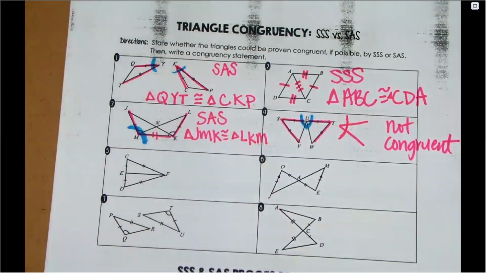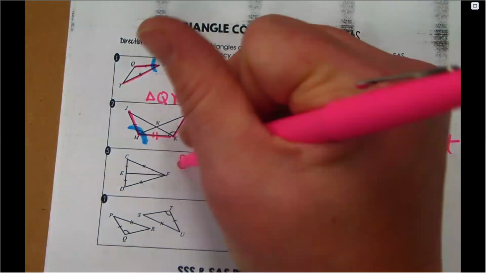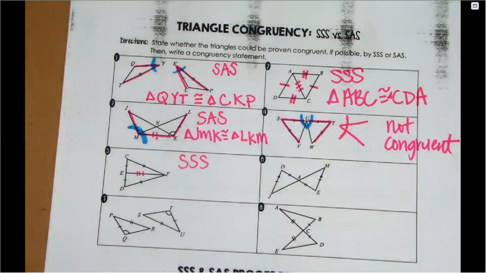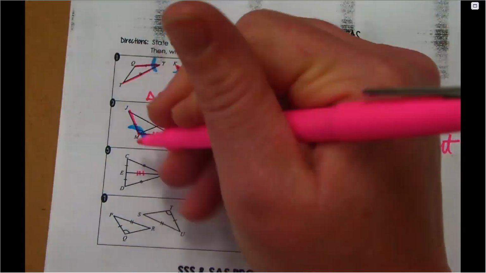What about number 5? SSS, because this one is the reflexive property. If you've got all 3 hashed out, then you're good to go with that. So I'm going to call this one ECF.